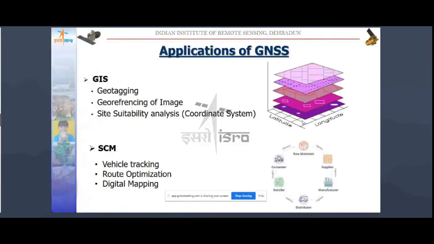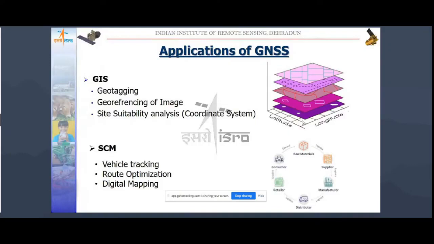So we will also see the coordinate system concept. When we talk about the application of GNSS in GIS, we can take the example of geotagging. In that, we take the coordinates of a particular point and attach the coordinates to a geographical object. That is geotagging. How are we getting these coordinates? We get them using a receiver from any constellation.